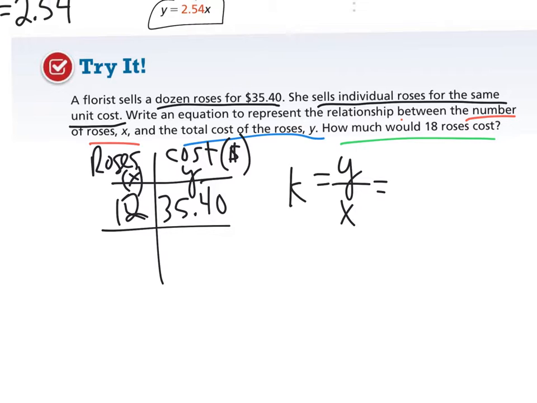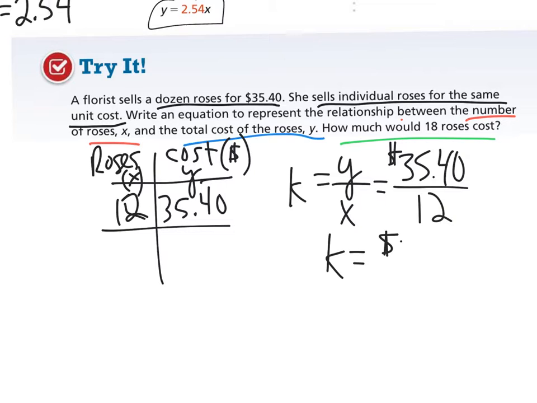Again, it's just like our unit rate. $35.40 divided by 12 will tell me the cost for one rose. How much does it cost for one rose? If you divide that out, you'll get $2.95. In other words, it's $2.95 per rose.